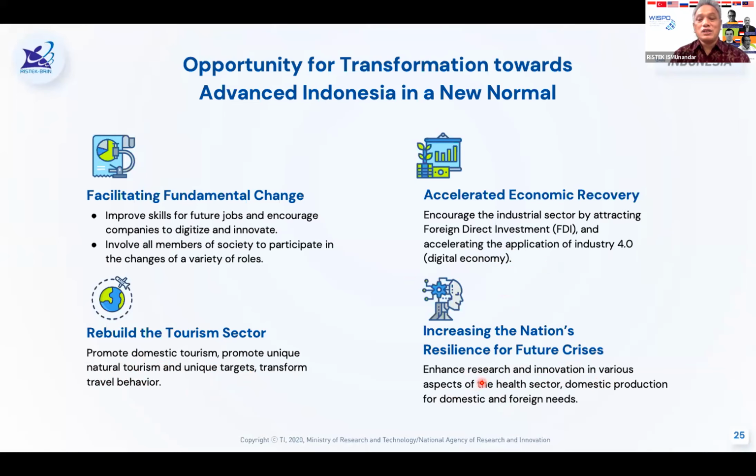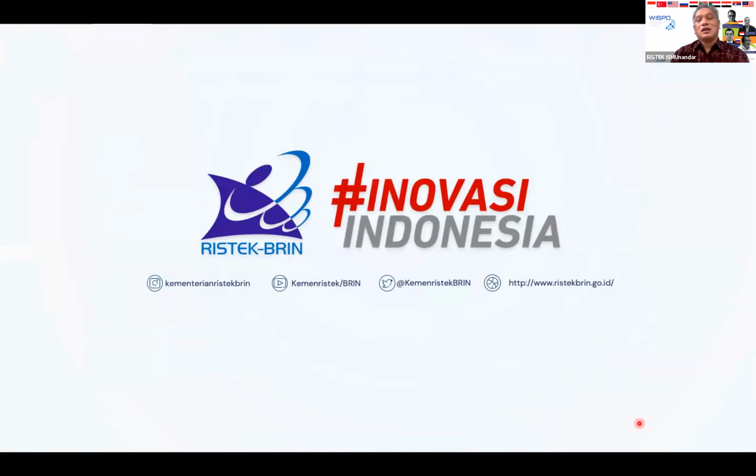What we can do is enhance the research and innovation in various aspects of our health sector, importantly, and also domestic production for domestic and foreign. So that's all I want to share with you. I hope that this can show you some of the things that are our important agenda for the country and also for the world.